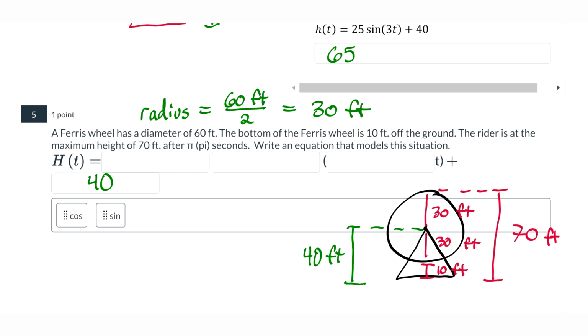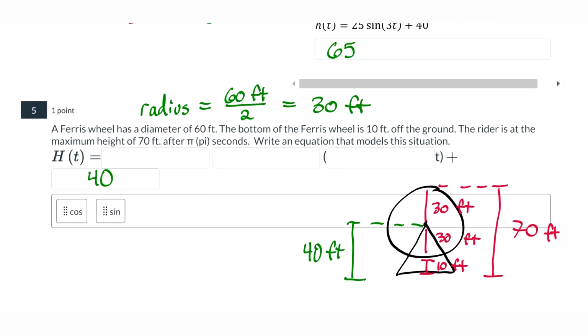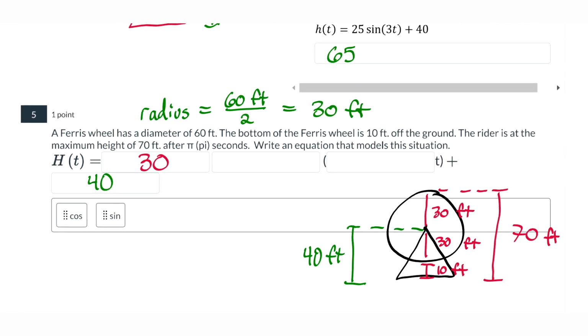Okay, and if you recall, I'll just scoot back real quick. H of t equals the radius times sine of the angular speed times t plus the center height. So radius is our a value, so radius would be 30. In general, we use sine. You could use cosine as well, but just to go along with the modeling we've done before, we usually represent sine as a height because it's the y-coordinate.